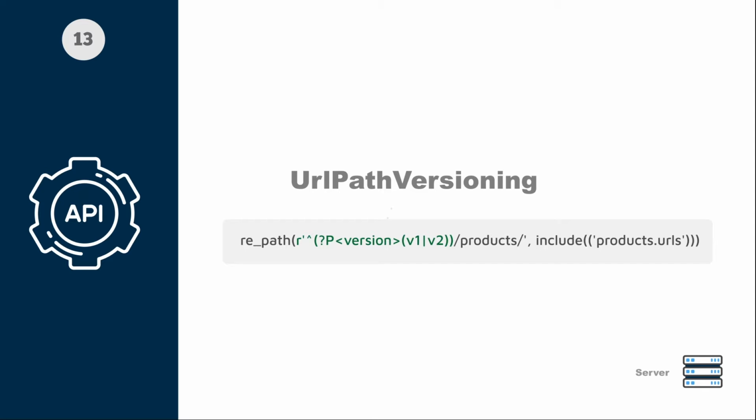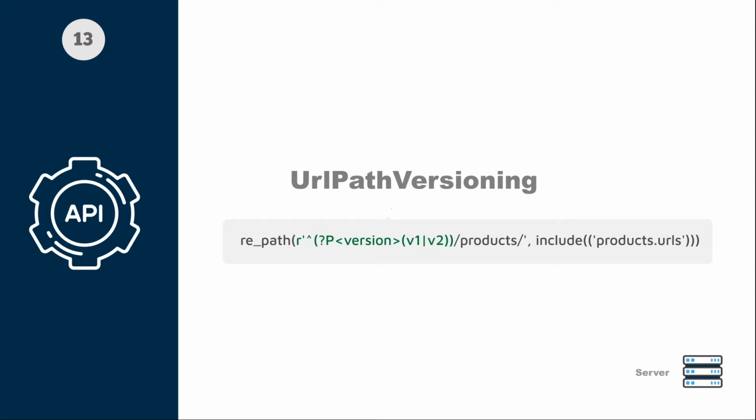As we can see, this include URL configuration has been constrained by the regular expression, which says that for all the URLs coming from the products application, make sure that they start with either V1 or V2.